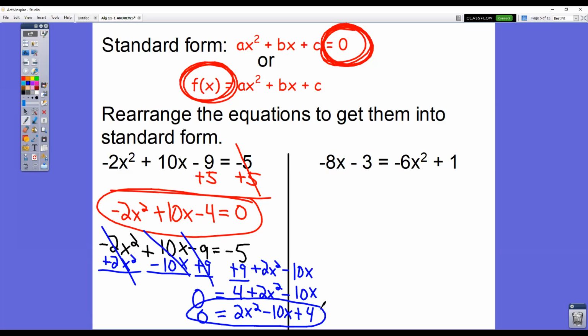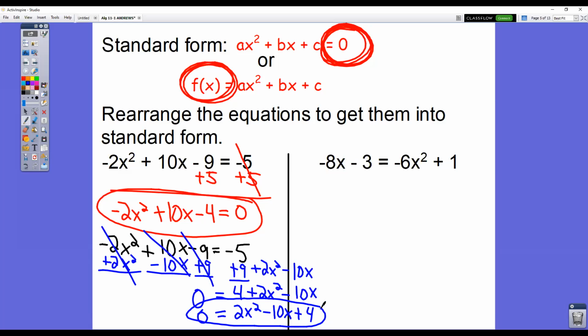This would be a perfectly acceptable answer as well. Now, if you look at it compared to this one, it's the exact opposite signs. Negative 2x squared, positive 2x squared. Positive 10, negative 10. Minus 4, plus 4. Notice that it's the exact opposite.